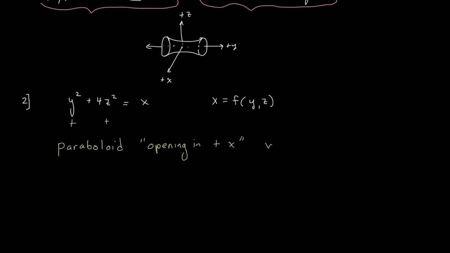And we identify the vertex to be 0, 0, 0. And we've seen this shape before. This one's going to be opening in the positive x. We have this parabola kind of cup, and plus y plus z.